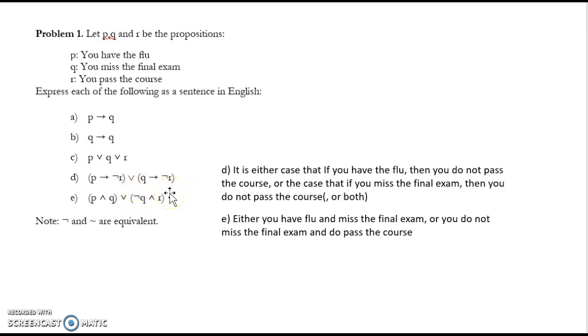You would read, it is either the case that if you have the flu, then you do not pass the course, or the case is that if you miss the final exam, then you do not pass the course. Or both, but you don't really have to say the part that is both, because the definition of or already contains the first one, or the second one, or both.